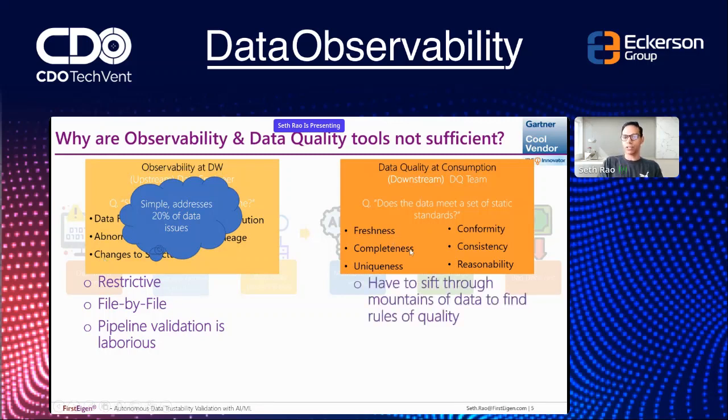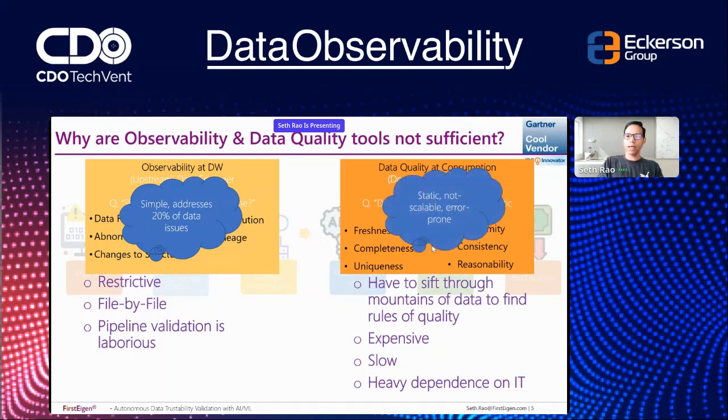And the challenge here is you have to sift through mountains of data to find the rules that you want to apply to the data set to validate it. It therefore is expensive, slow, and there is a heavy dependence on the IT team. And in summary, the data quality tools are pretty static, not scalable, and highly error prone because they are highly dependent on people to interpret the data and discover what the rules are.